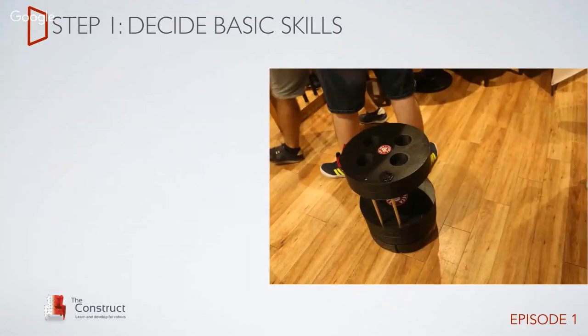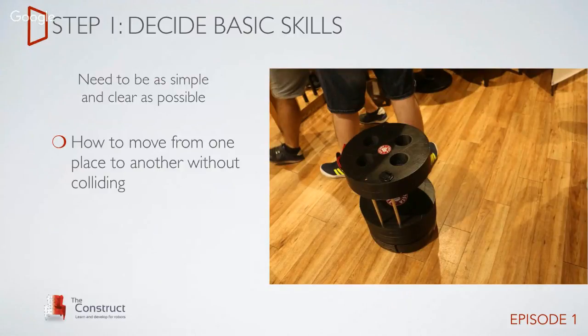So for the case of the barista, we need the following skills, of course. It has to move from one place to another without colliding. So the robot has to figure out where it is and how to move to the table where it has to bring the order, without colliding with the people, the chairs, or whatever is in its way.